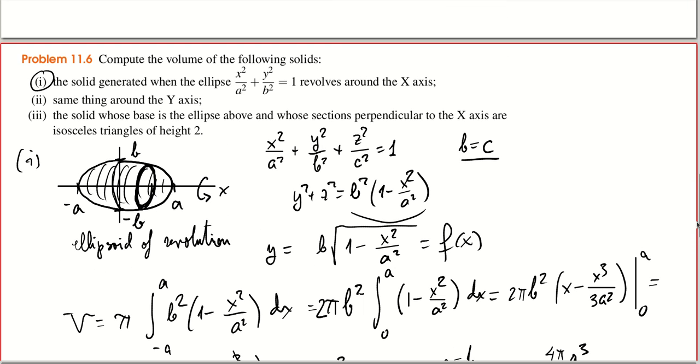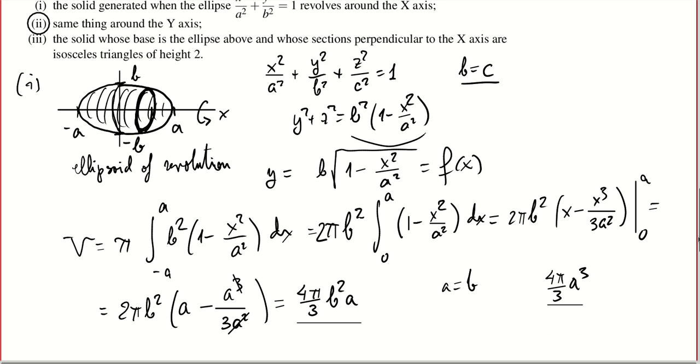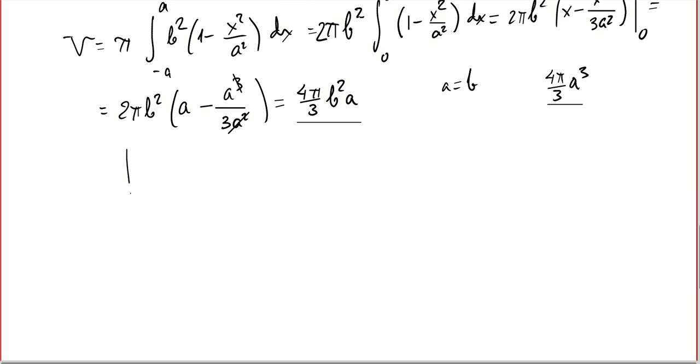The second question that we're going to answer is the revolution of the same shape, but this time around the y-axis. Okay, so we're going to rotate this around the y-axis. All right. So what we're going to do is to do the same calculation, right?